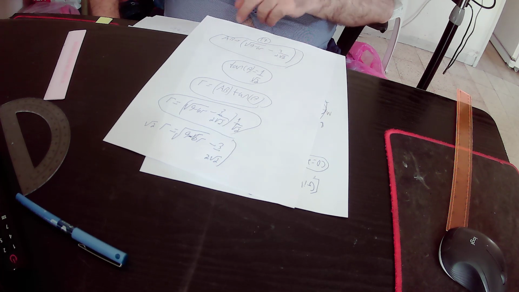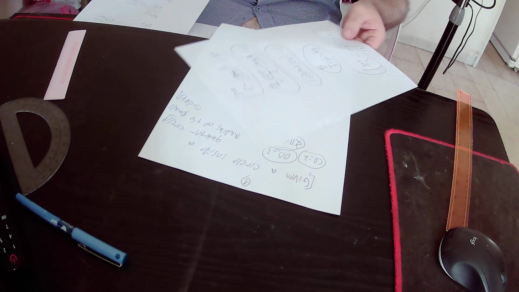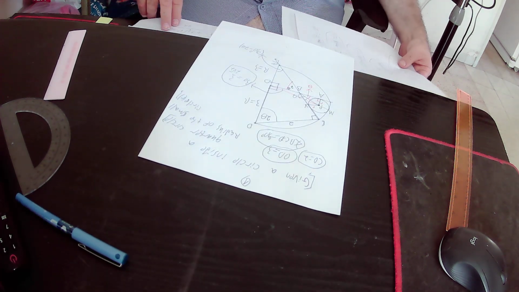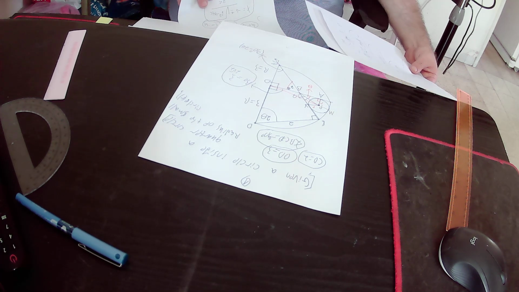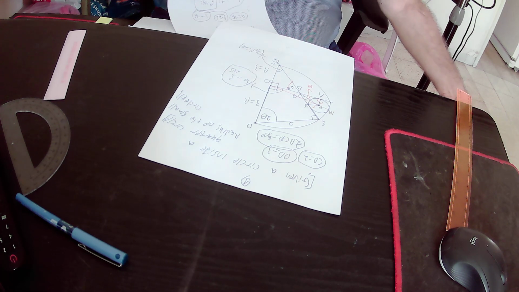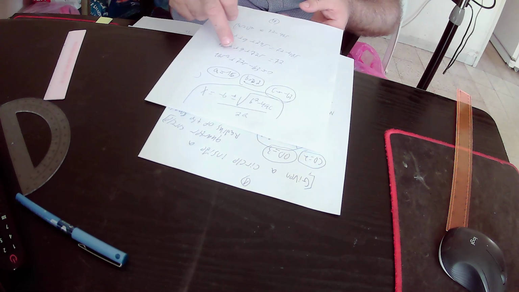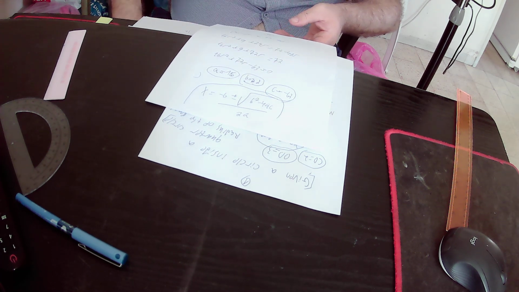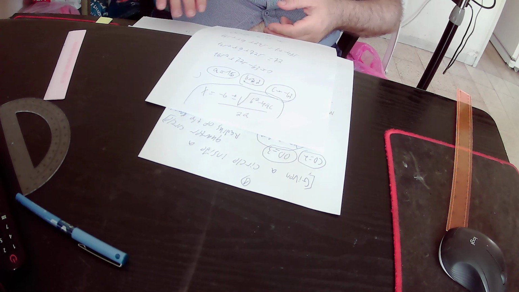So we did it, and we got a quadratic equation: 16r square plus 70r minus 63 equals 0. We solved this quadratic equation for the radius of the small circle, and we found two answers.